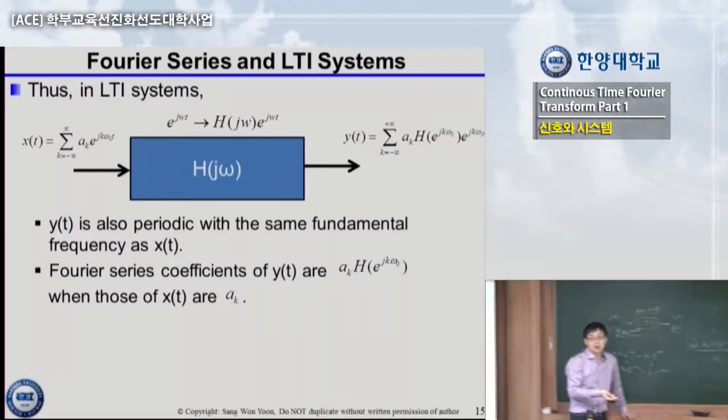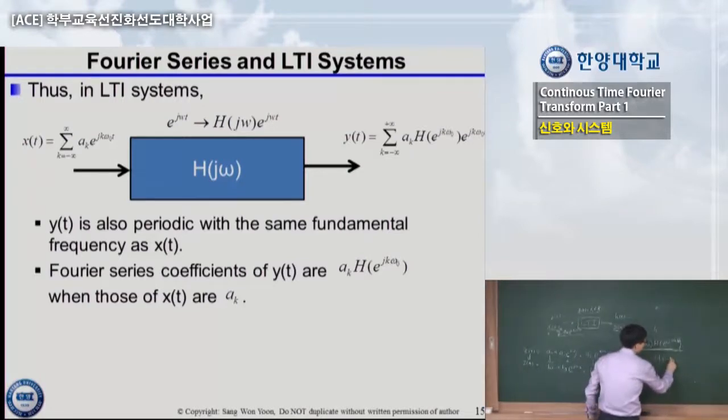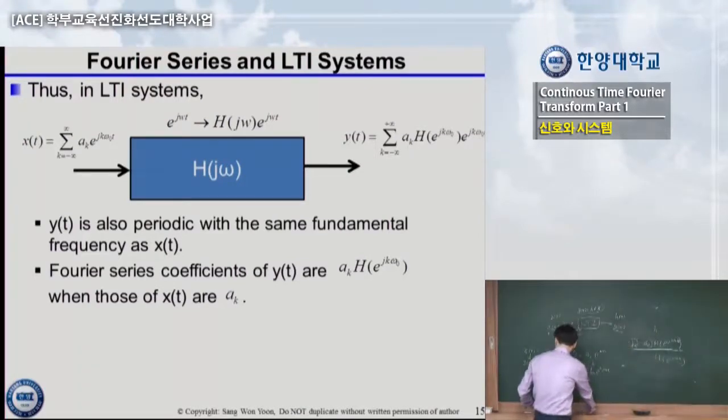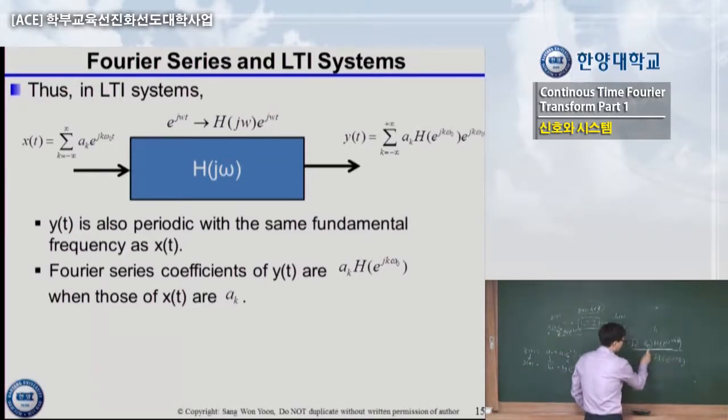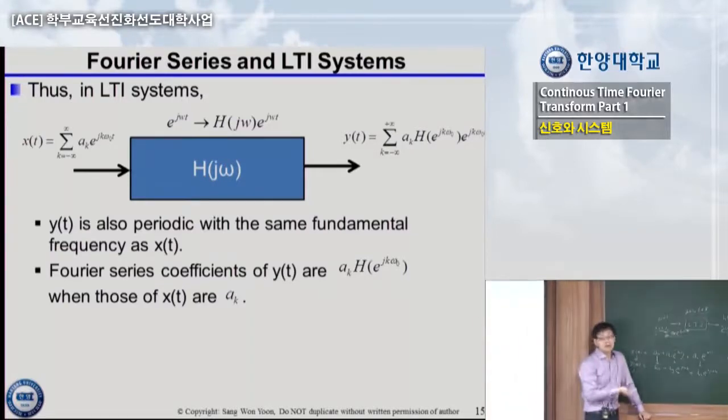Large H is the frequency component. If you can find the frequency component of the system, the frequency response of the system, and put the corresponding k, you can find b without passing through those convolutions. So this one we will eventually learn about, and we will understand why, eventually, after passing through the Fourier transform.